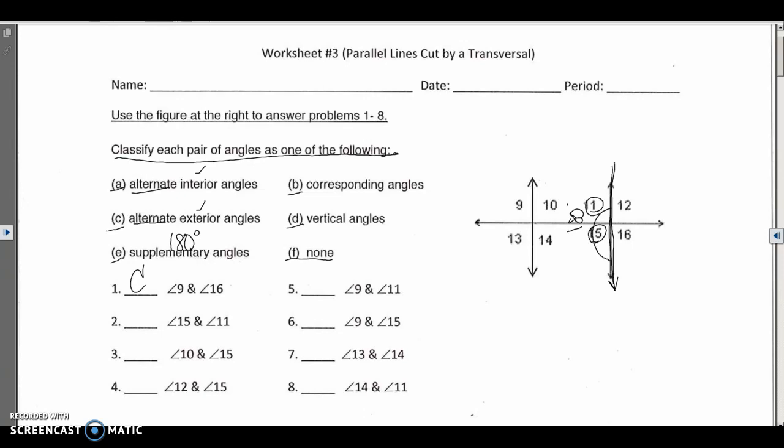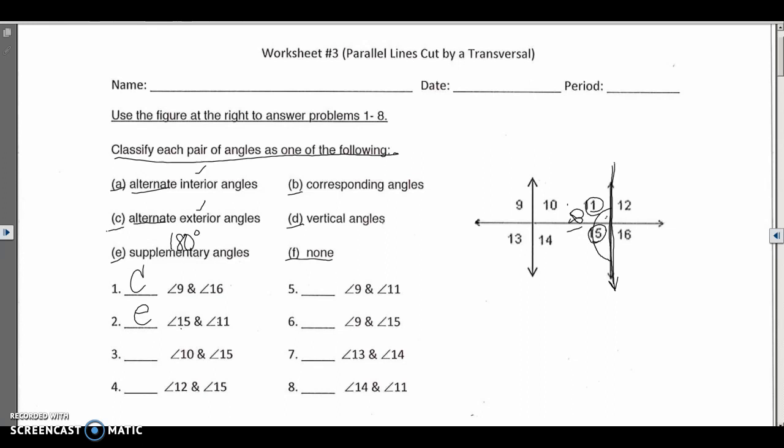That's what means that they're supplementary. So that's actually answer choice number 2: angles 15 and 11 would be letter E, supplementary angles. They come up to 180 degrees and they're right next to each other to make a straight line.